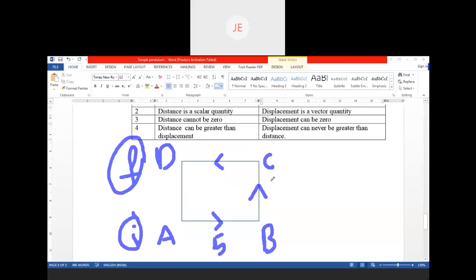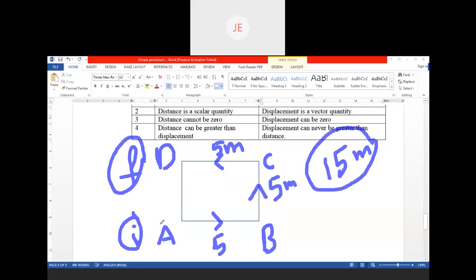And C to D. Final position of Devarga is D. The distance traveled by Devarga is 5 plus 5 plus 5, 15 meter. But for displacement, we have to always think about initial and final.